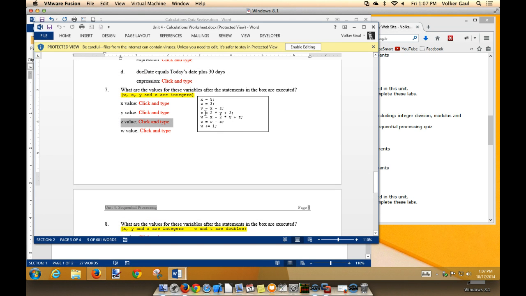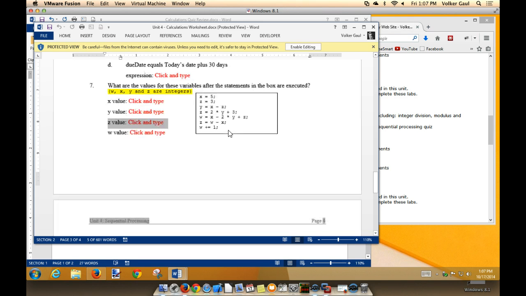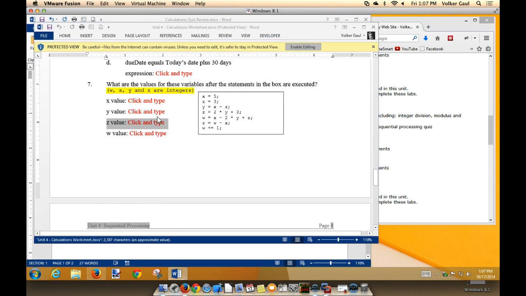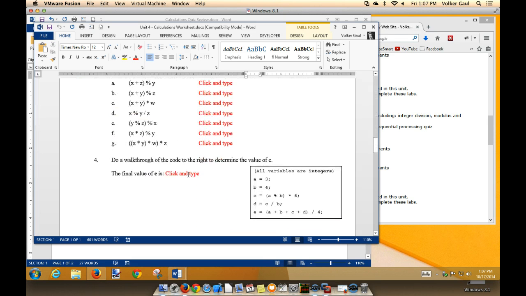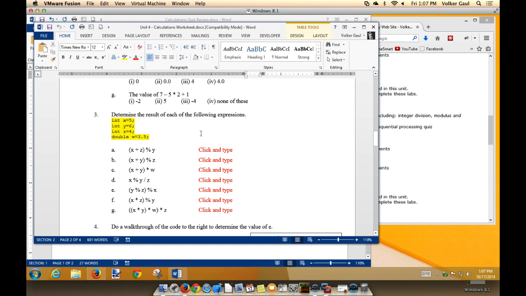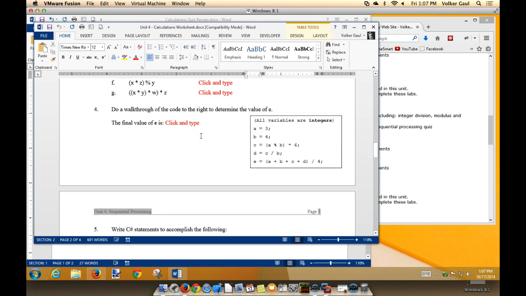Okay, here they're all integers, right? Here, all variables are integers. If they're all integers, all of the answers are integers.